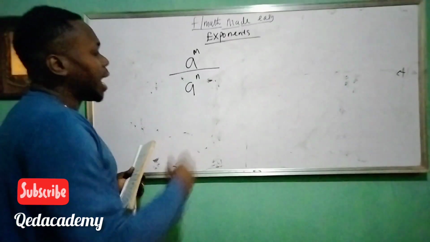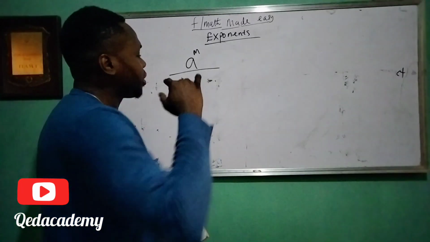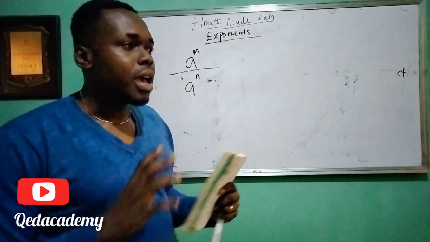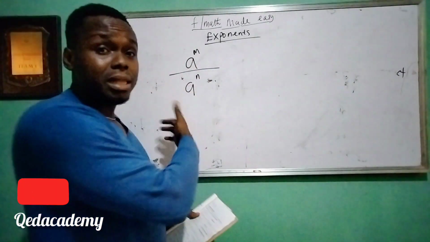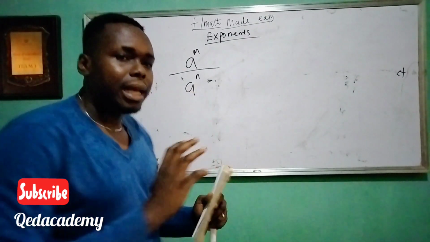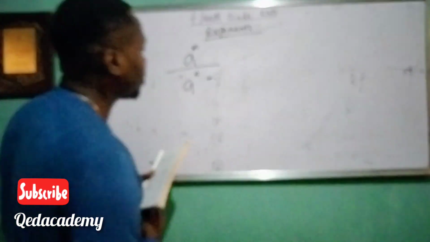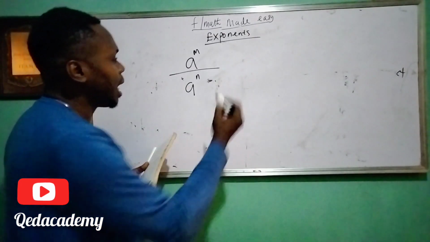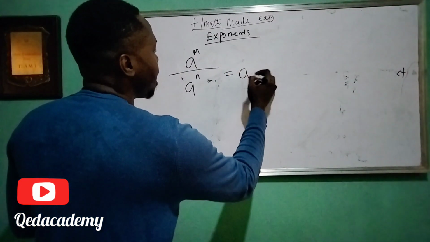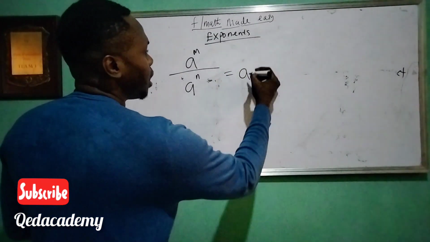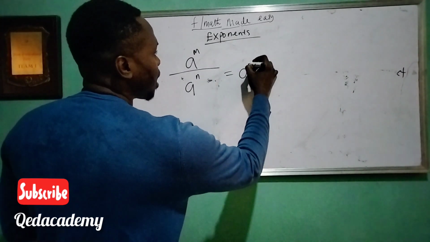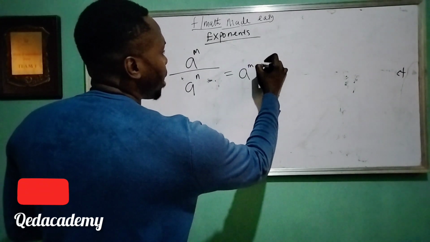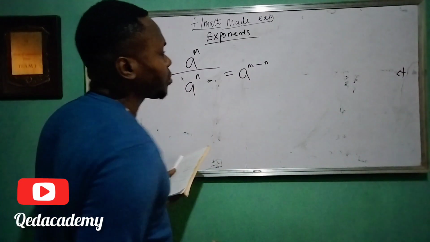Now, as I said earlier, a, as you see, is a factor, and it's also the base. It's a number that must always look alike. So let me further express this. This can be further expressed as a to the power m minus n.